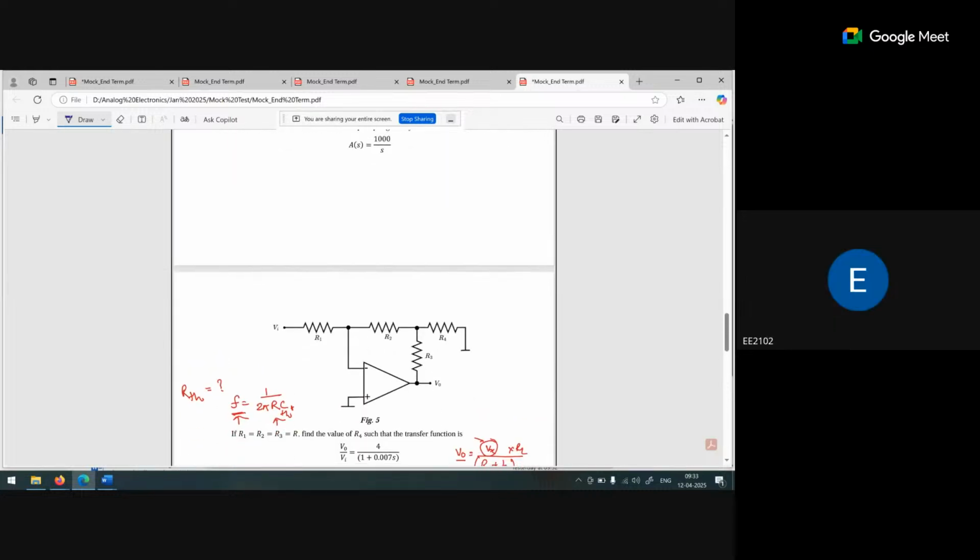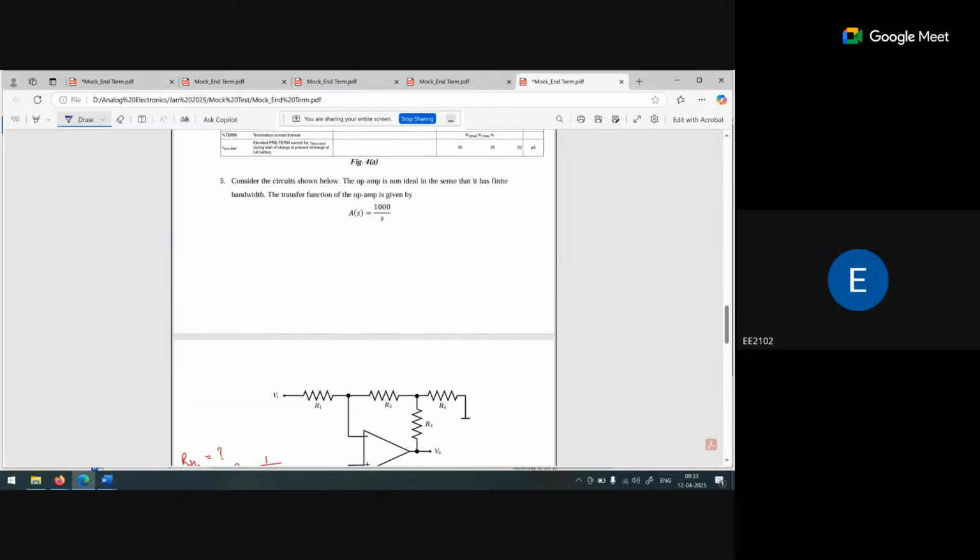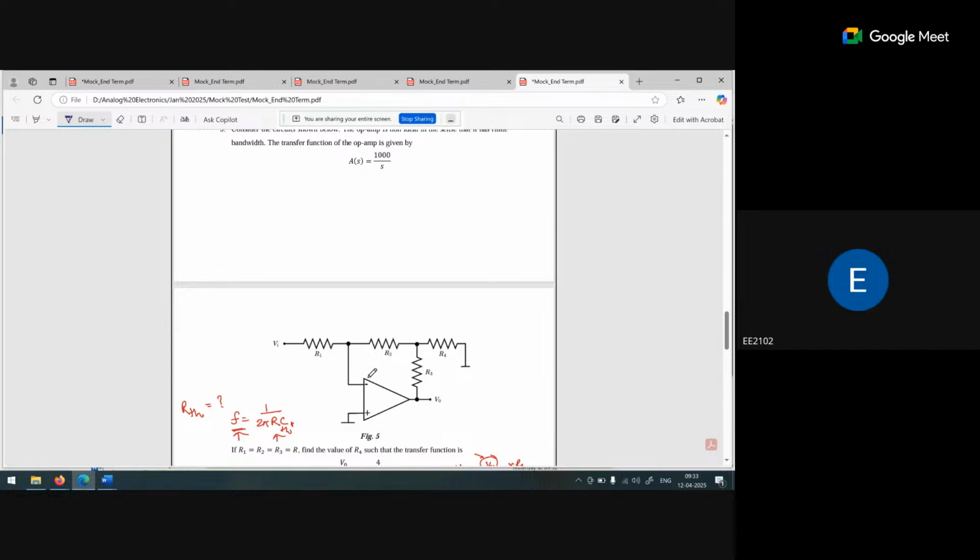One student is asking that he has a doubt in question number 5 also. Any doubt in question number 5? It is a simple question, like we are using already. That is the Vx, Vy we are using.